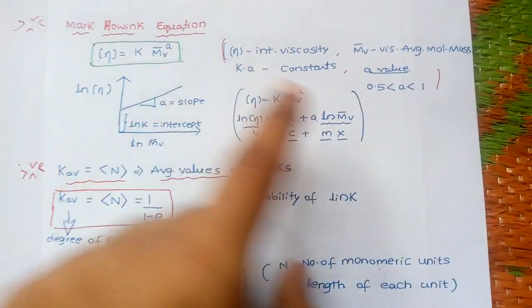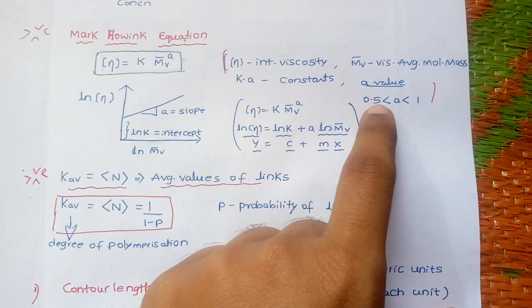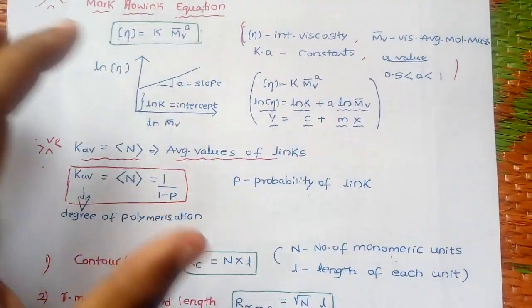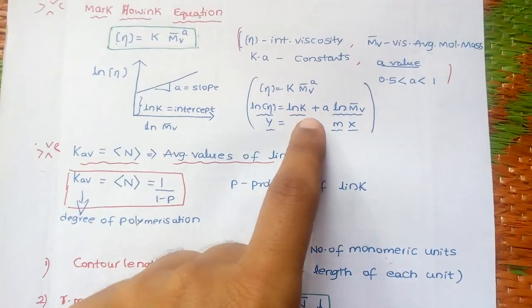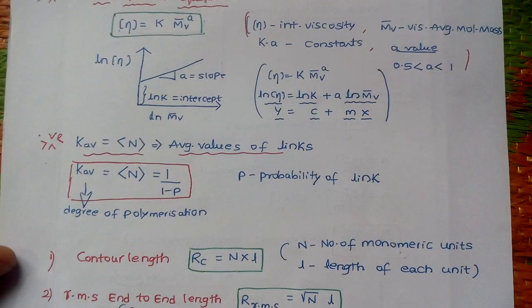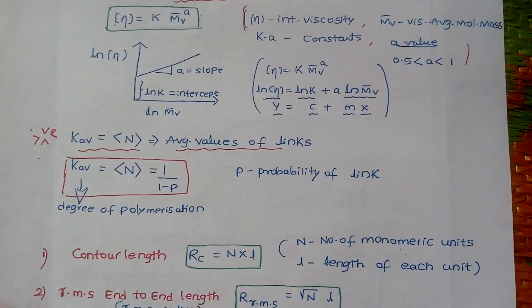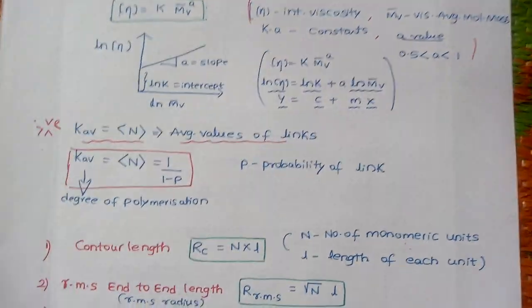In the exam they will ask that the value of a lies between 0.5 and 1. Taking ln on this equation, we get ln eta is equal to ln K plus a into ln M bar V. It is of the form of a straight line, y is equal to c plus mx. Simply by plotting, a is the slope and ln K is the intercept.